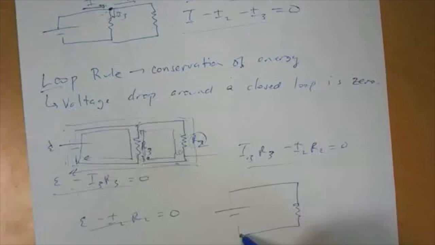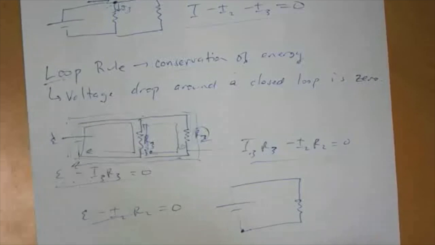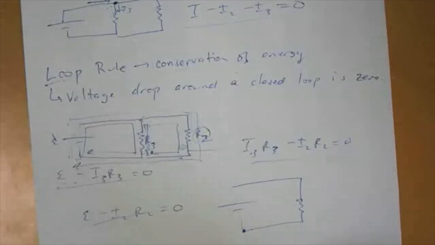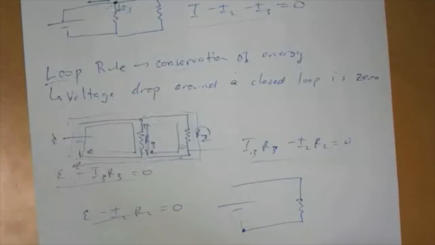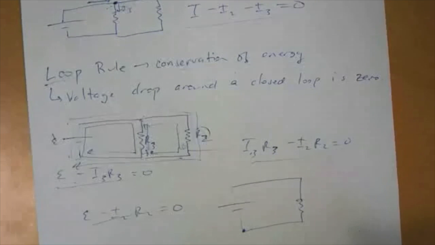That'd be like if you're standing on the ground and you walk up a hill and then you walk down the other side of the hill back to the same level, and now you suddenly have a different amount of gravitational potential energy. That doesn't make any sense. It would violate the conservation of energy.